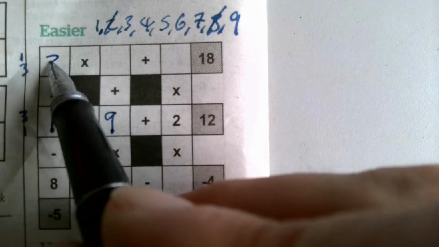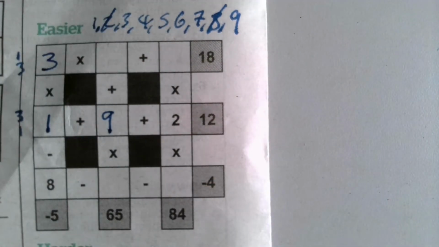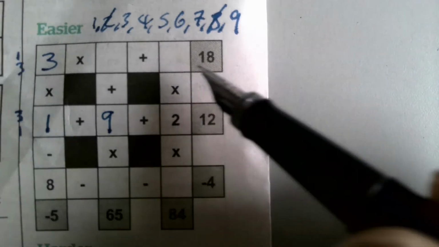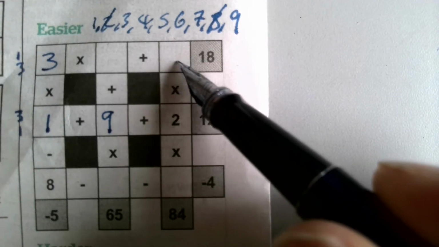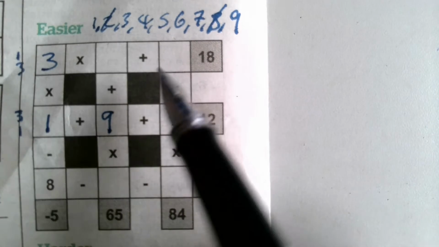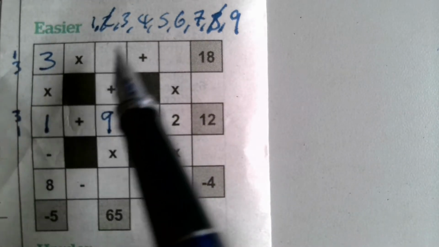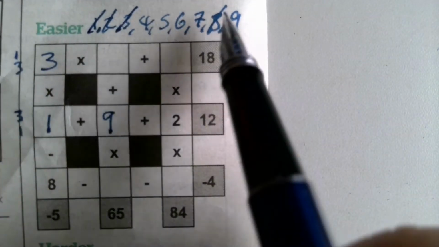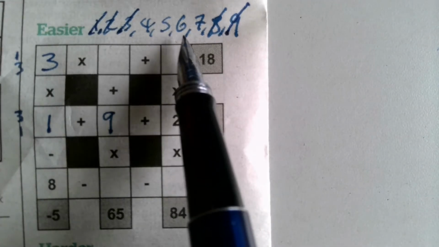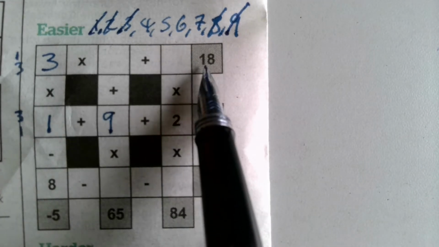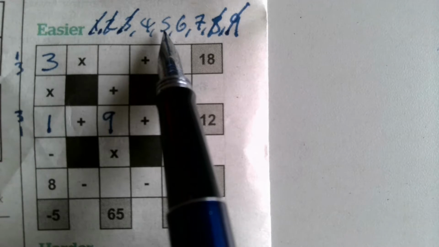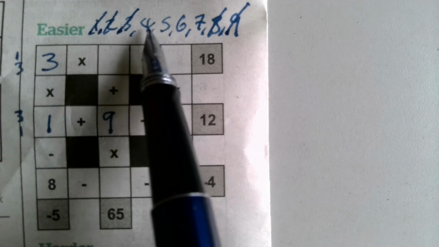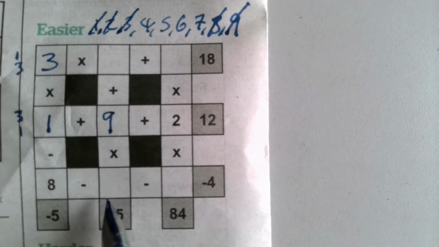Then I times 3 by 1 to get 3, which I take away from there. Now it's either got to be a 6 or a 7 there, and I'm timesing something by 3. We've got rid of the 3, the 1 and the 9. So it can't be 3 times 6, because that would get me up to 18. It could only be 3 times 4 or 3 times 5. And remember what we said about this?